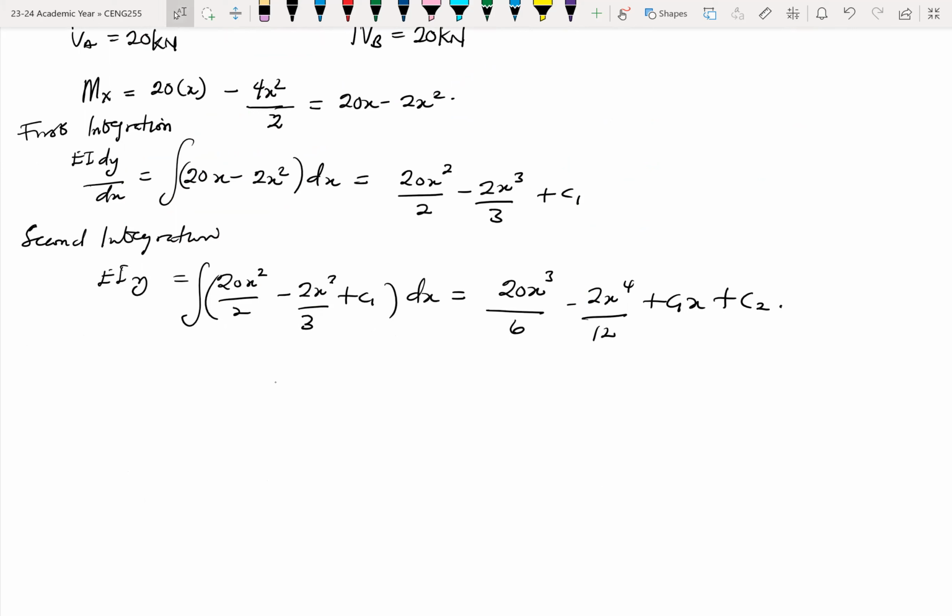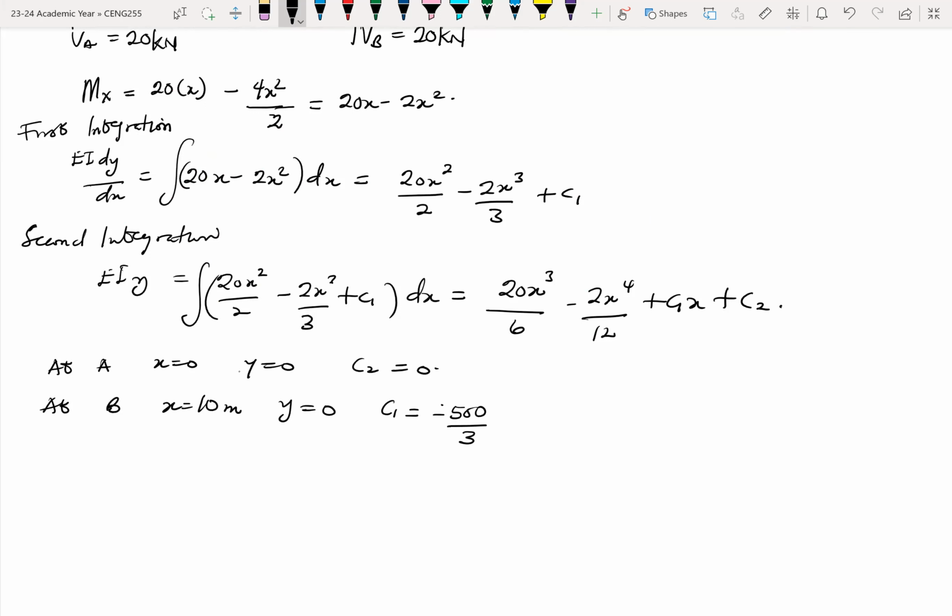So this is from first principle. So at A, where x is 0 and y is 0, it means that our C2 will be equal to 0. Then at B, where x is equal to 10 meters, our y is still 0. So we should end up with C1 being equal to, I think, minus 500 over 3. If you do the math properly, that's what you should have.